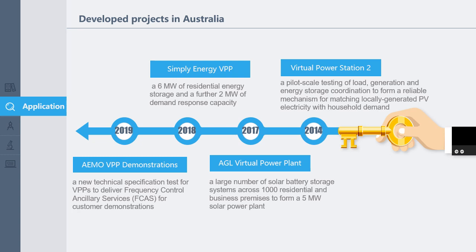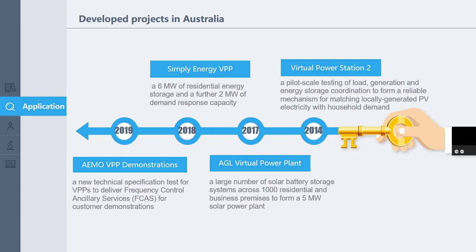In 2017, the AGL Virtual Power Plant project was funded to build a large number of solar battery storage systems across 1,000 residential and business units to form a 5 megawatt solar power plant.